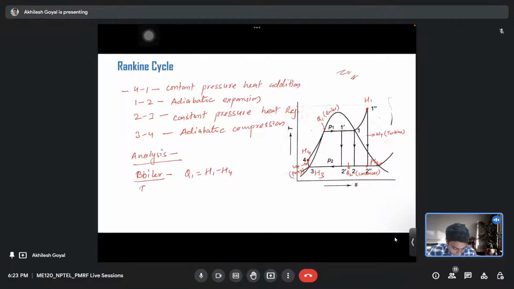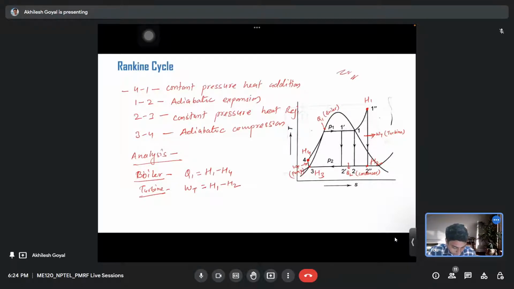Similarly for the turbine, that is adiabatic expansion. So here the work received, WT, the turbine work, can be said as the change in enthalpy from H1 to H2. So it is H1 minus H2, that is the turbine work.